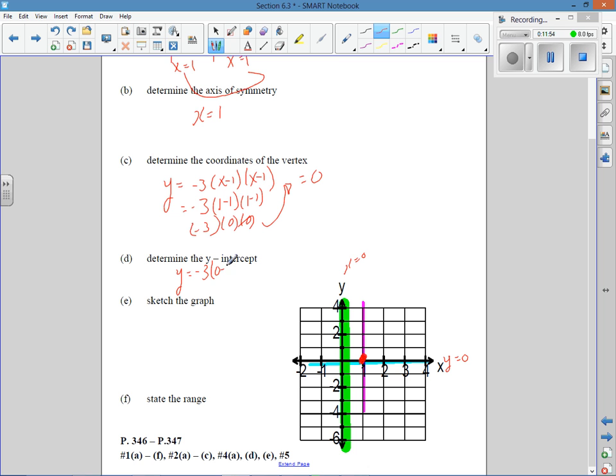So 0 minus 1 times 0 minus 1. 0 minus 1 is negative 1, and then negative 1 again. Negative times a negative times a negative is a negative. And 3 times 1 times 1 is 3. So right there.